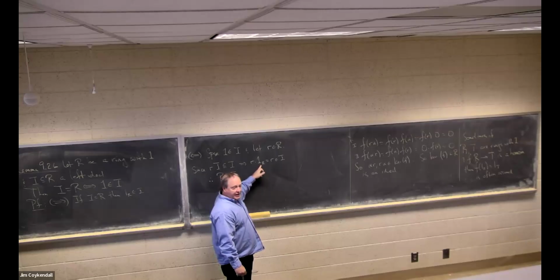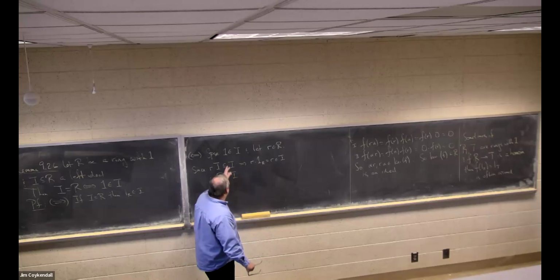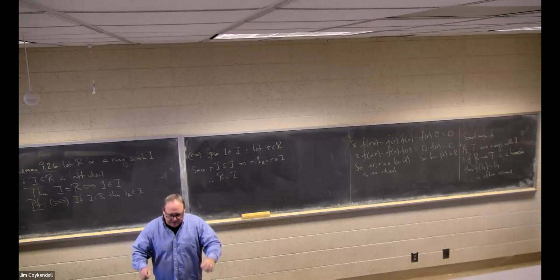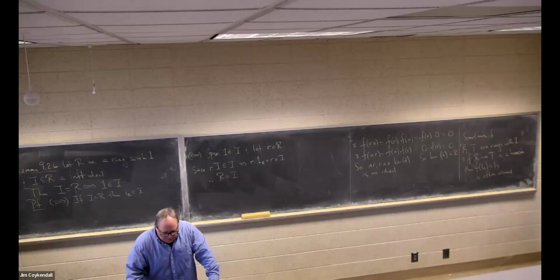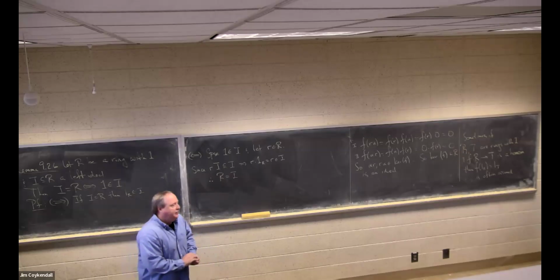One is in there. And so that means every element of R has to be in I. The other containment is by definition. And so there you have it. We'll use this later. Okay. Any questions?